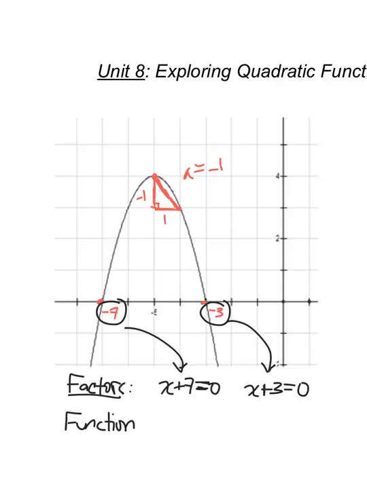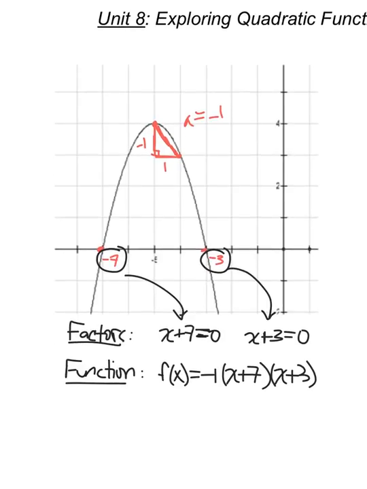Okay, so my function is going to be f of x is equal to negative 1 times x plus 7 times x plus 3. All right, so just distributing it out. And sometimes you won't have to distribute it out.